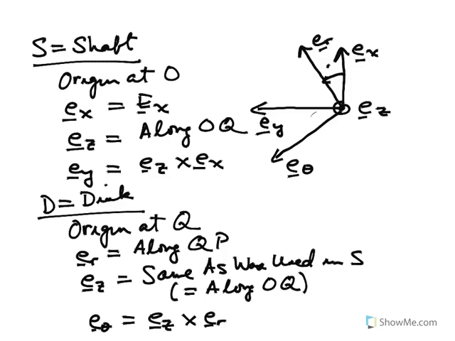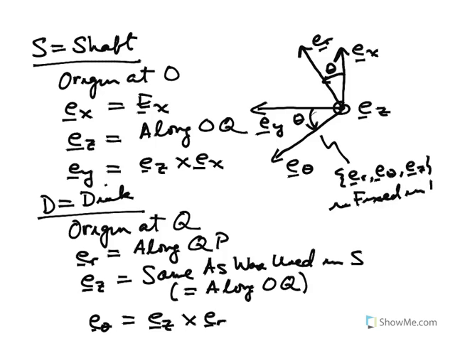This angle here is theta, which makes this angle also theta. So we know that ER, E theta, EZ is fixed in the disk.